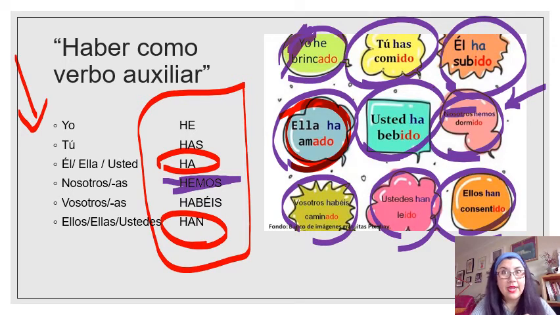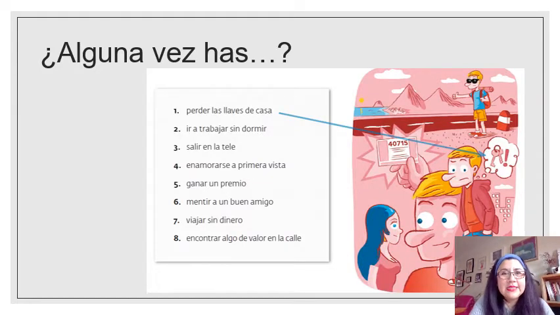Ahora, now, let's get ready to put a bit more into practice with past experiences. Let's move to the next slide. In this slide, we have the massive question, ¿alguna vez has...? Have you ever...? I'm skipping a couple of pages.